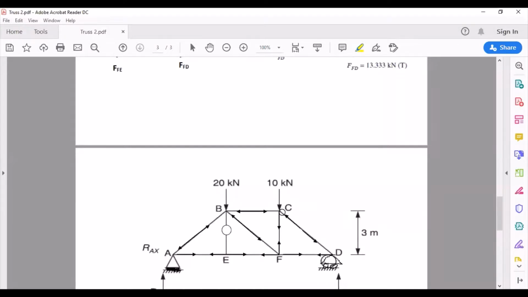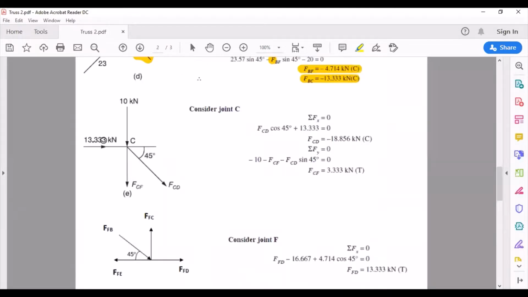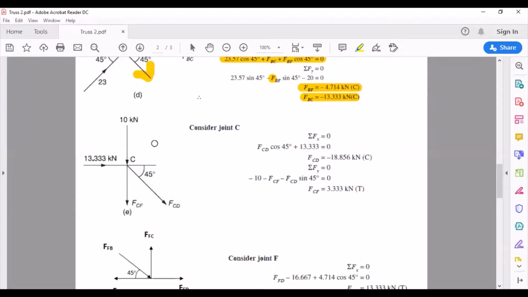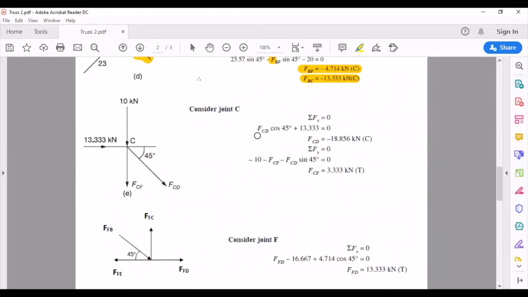So C to B, CB is known to you, towards C. What is the magnitude? It is 13.33. Again, do not substitute this sign here, because this was minus only because of the direction. You have changed the direction now, so only the value is to be substituted.